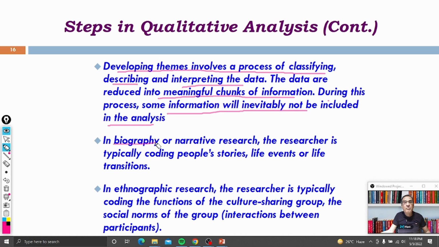For example, in biography or narrative research, the researcher is typically coding people's stories, life events, or life transitions. In ethnographic research, the researcher is typically coding the functions of a culture-sharing group, the social norms of the group, and interaction between the participants. So these are the steps in collecting the data.